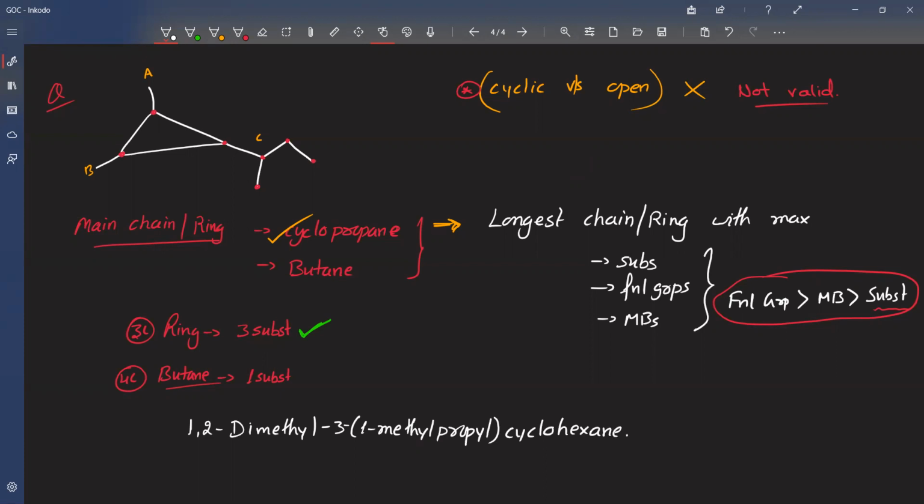Cyclopropane. Cyclopropane, yes. Yeah, that is the correct name.